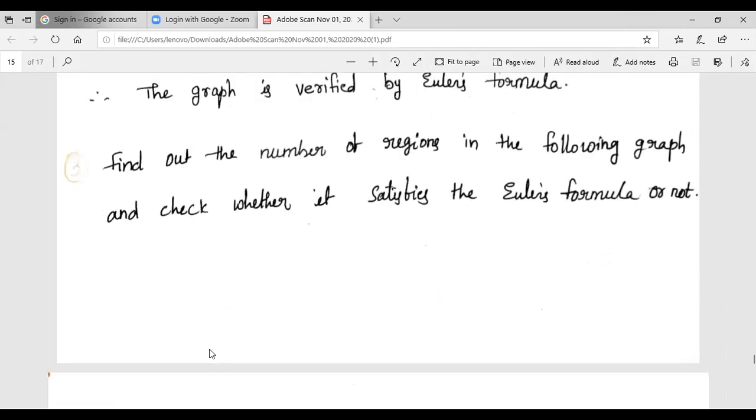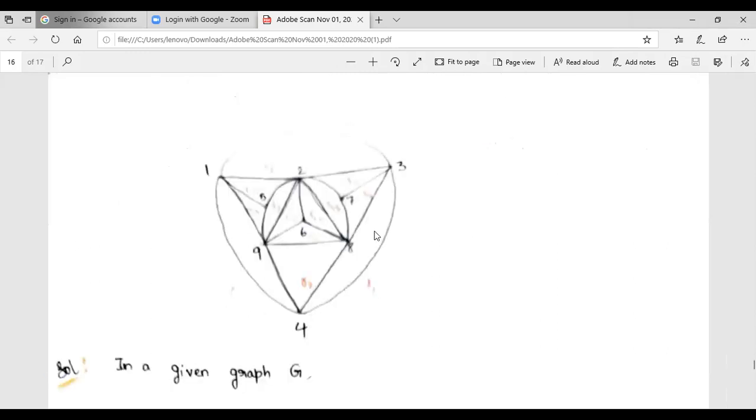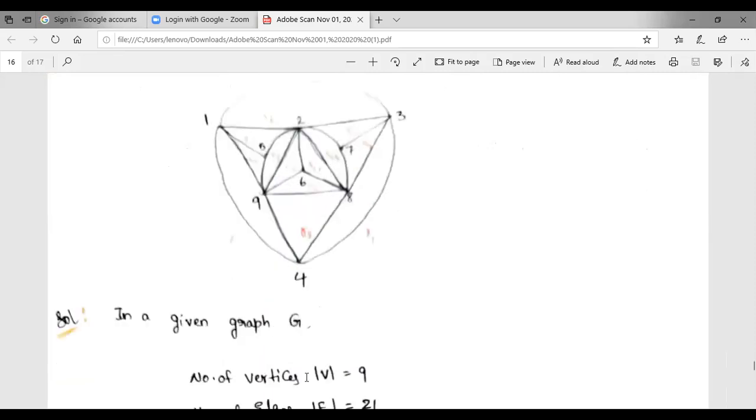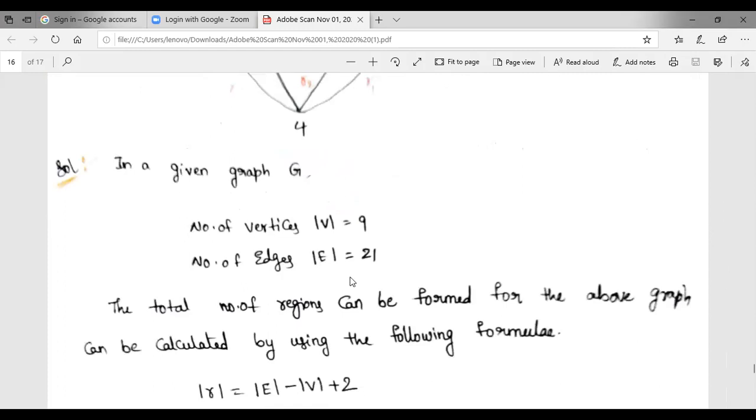So next one: find out the number of regions in the following graph and check whether it satisfies Euler's formula or not. So the given graph is here. In the given graph, the number of vertices V is equal to 9, and the number of edges E is equal to 21.